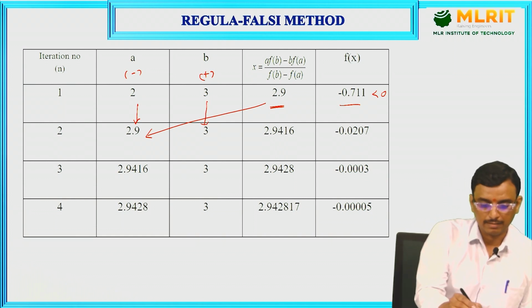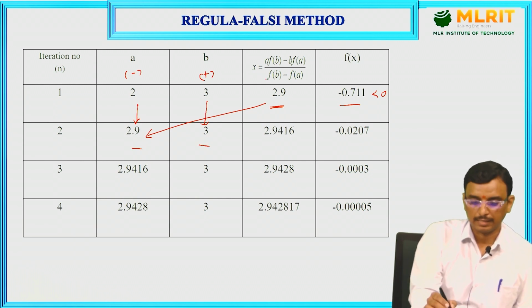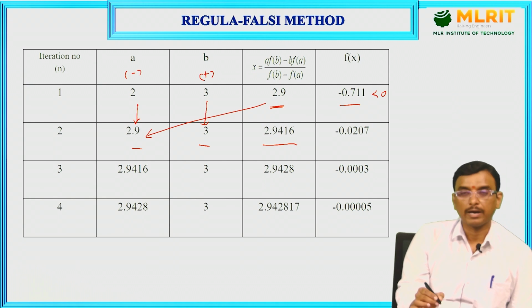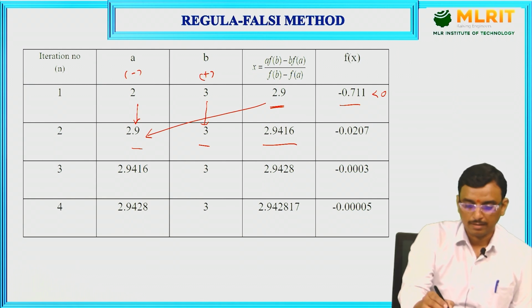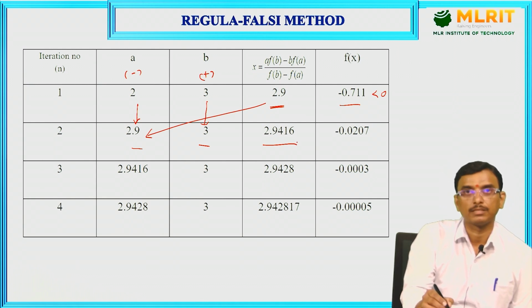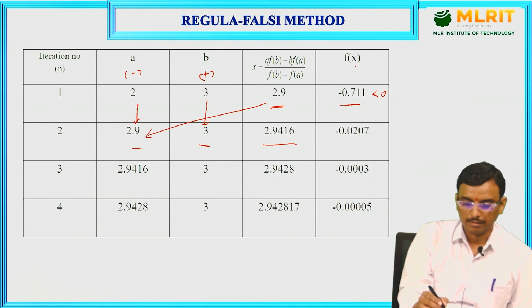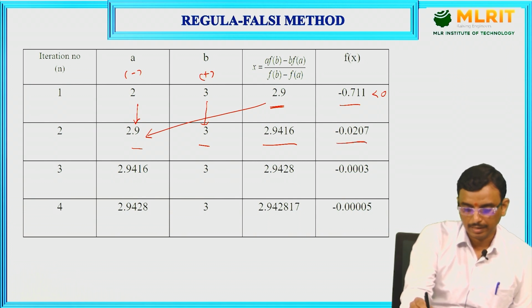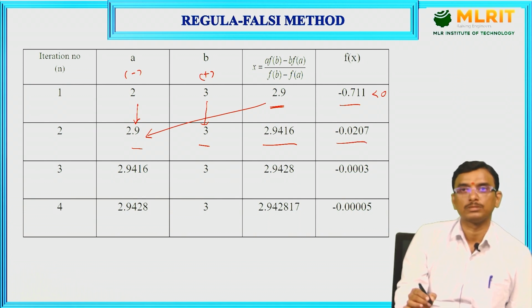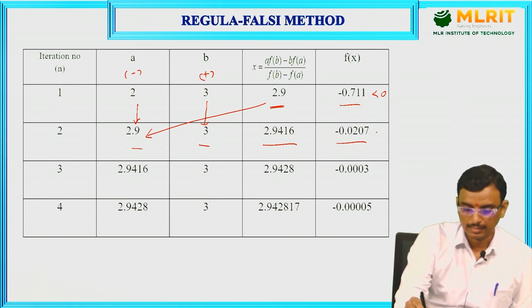Again we'll find f(a) and f(b) for these values and substitute in x, and we'll get this x value as 2.9416. If we substitute this 2.9416 in the function f(x), we get −0.0207, which is less than 0.